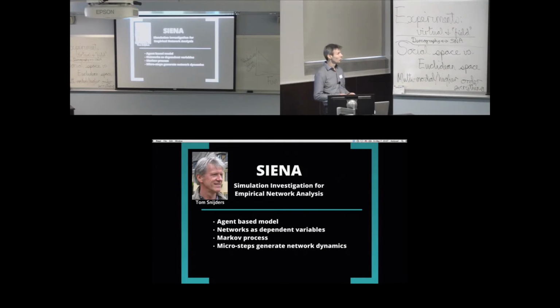It's an agent-based model, and we treat the networks as dependent variables given the first network we observe. It's a Markov process, so we assume that in each time step, individuals make their social decisions dependent on the current state, and they don't care about what happened in the past.